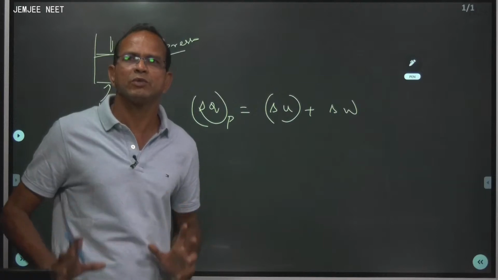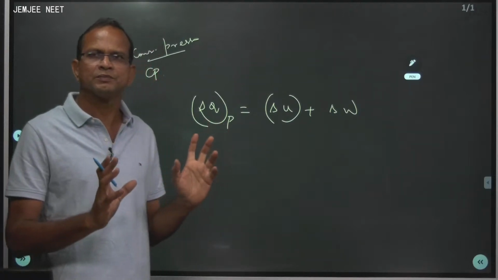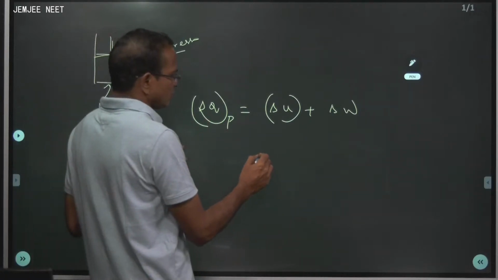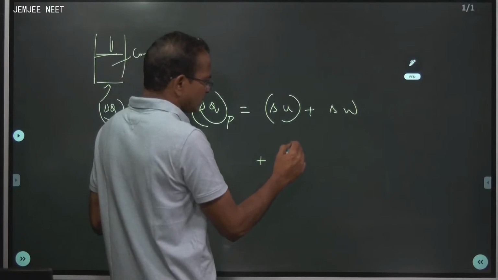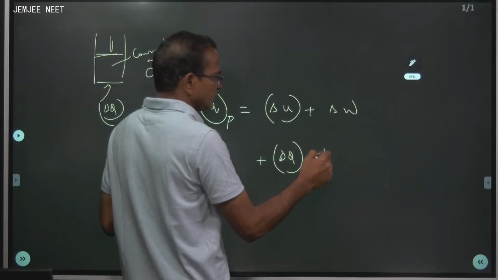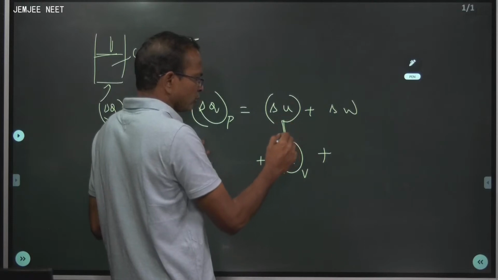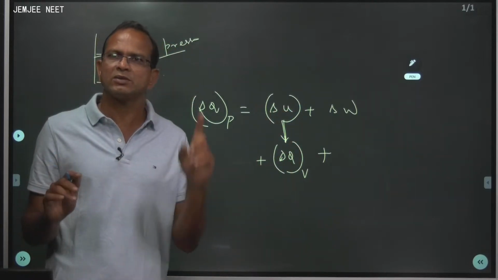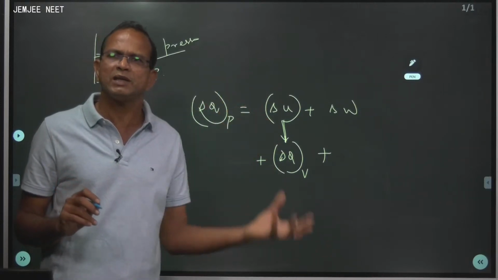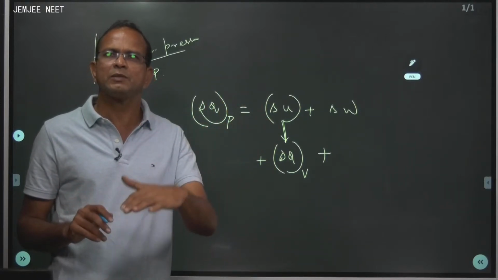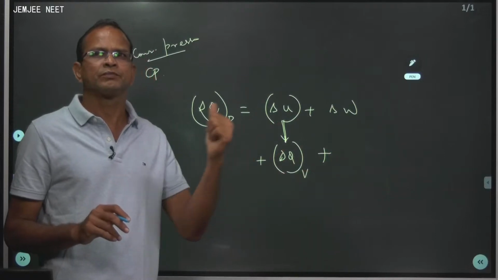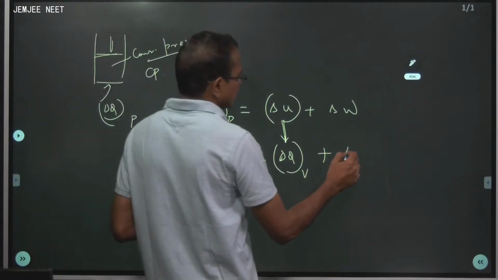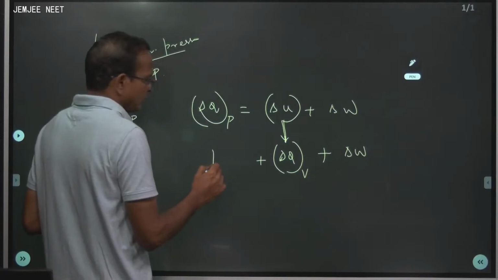Because in constant volume, whatever heat you give fully goes to internal energy. Therefore, it is nothing but delta Q under constant volume, which is delta U. You understand this? Whenever you want to calculate delta U in thermodynamics, think about constant volume, because whatever heat you give in constant volume, 100% goes to internal energy. Yes, delta W, delta Q.